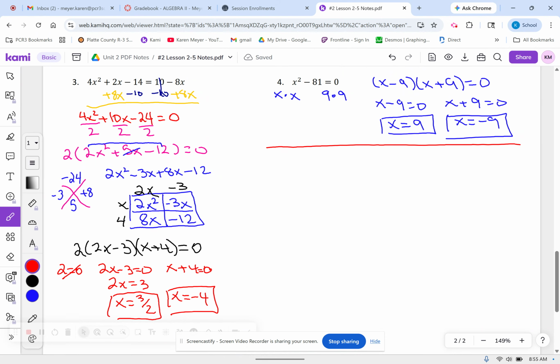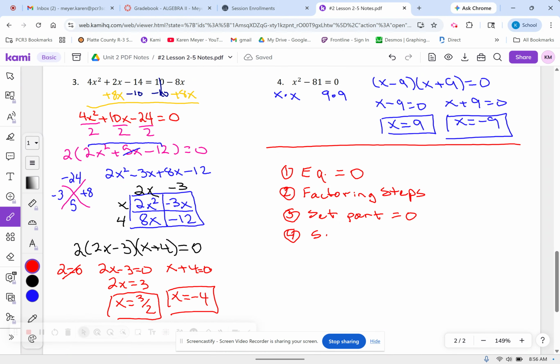Solving steps. Okay. Make sure that the equation equals 0 before you start. And then you want to go back and do all of our factoring steps from our last lesson. So complete all the factoring steps. Then you want to set each part equal to 0.